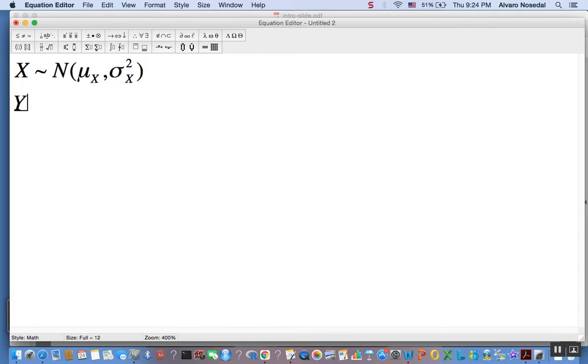Then we have a second random variable, let me call it Y, also normally distributed, with a different mean and different variance. Another assumption that we're going to have is that X and Y are independent.